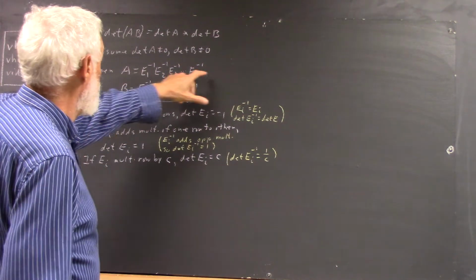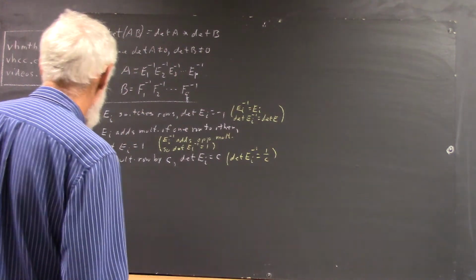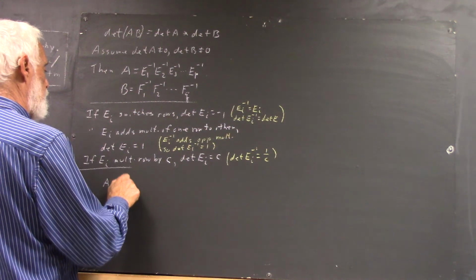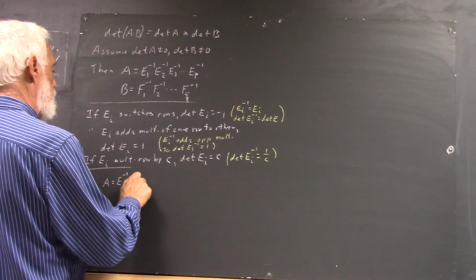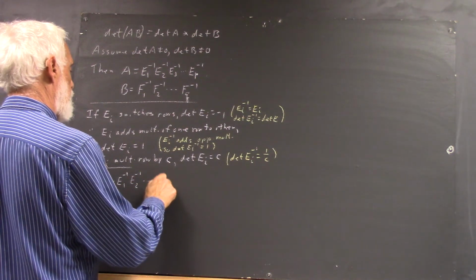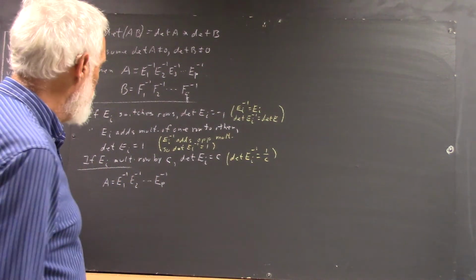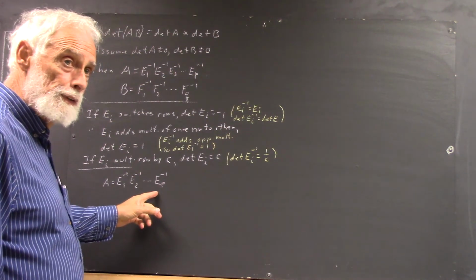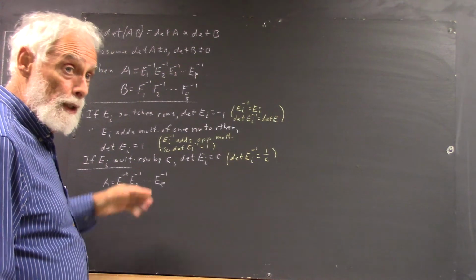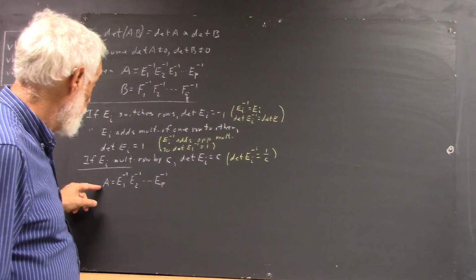Okay. Now, if the matrix does reduce to the identity, then we can express A as we say, we can express B as we say. Now, this means that whatever E1 represents, that represents the first operation in reducing the matrix A to the identity.